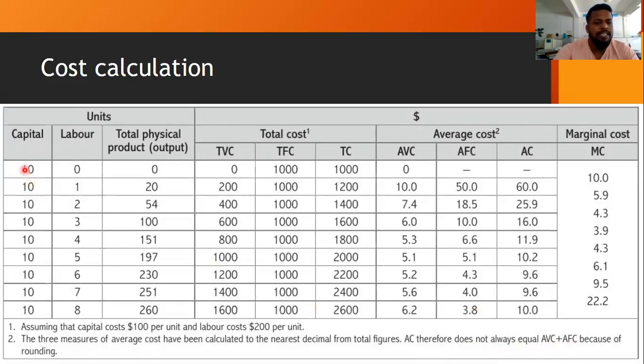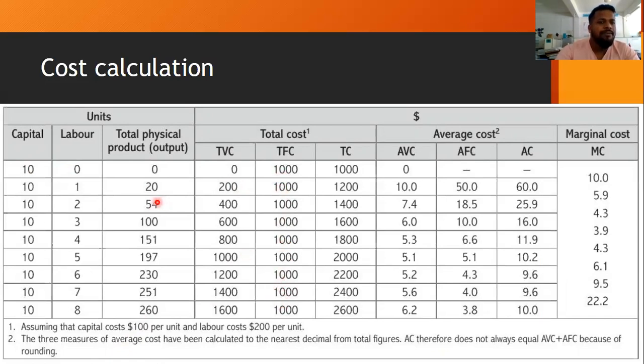Capital cost is 100 per unit, so total fixed cost is capital 10 into 100, that is 1000. That's why the entire total fixed cost is 1000, and throughout the problem we assume total fixed cost is 1000.